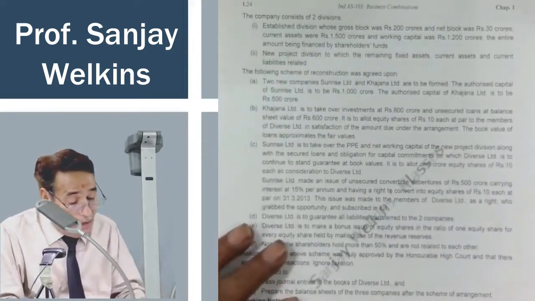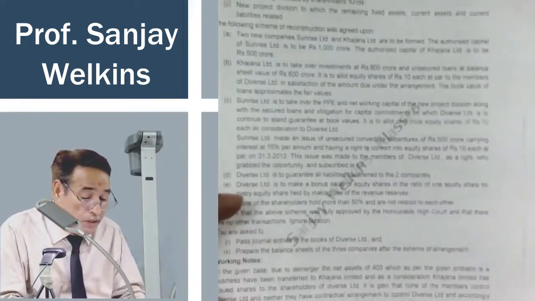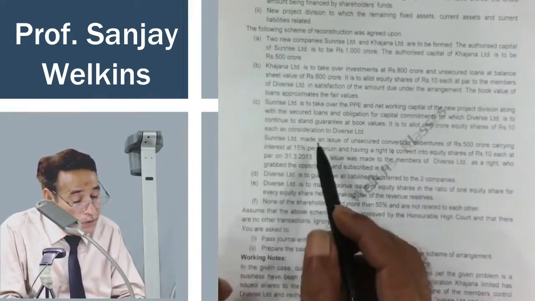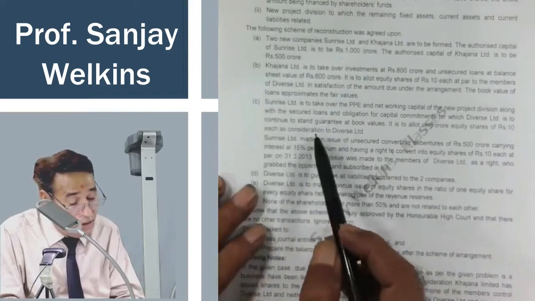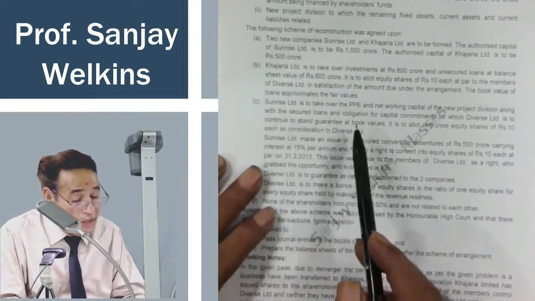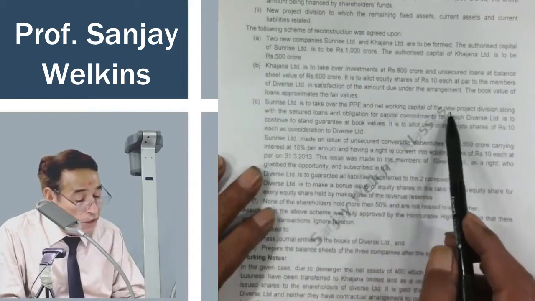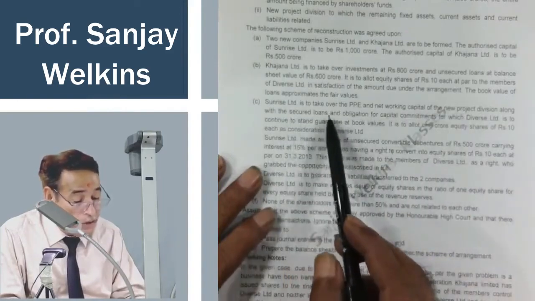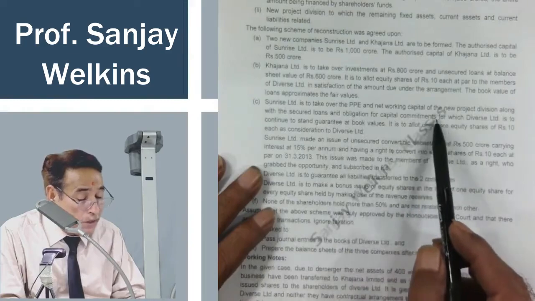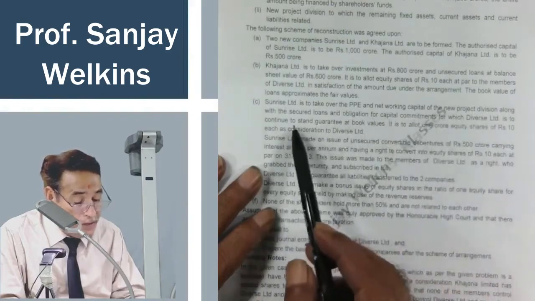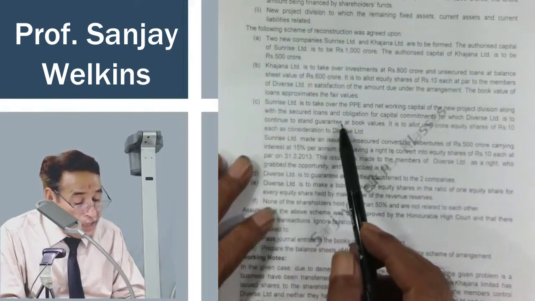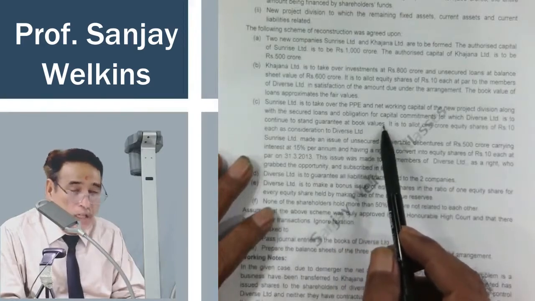So after analyzing point number A, B, now we move over to point number C. Once again, Sunrise Limited to take over property, plant and equipment, net working capital of the new project along with secured loan and obligation to capital commitment for which Diverse Limited continues to stand guarantee at book value. What does it mean?